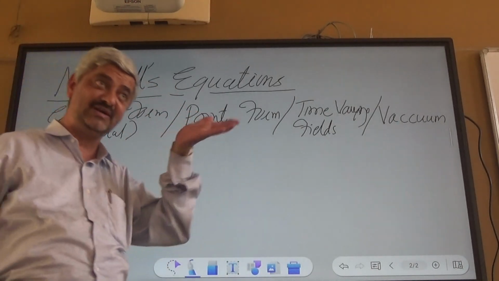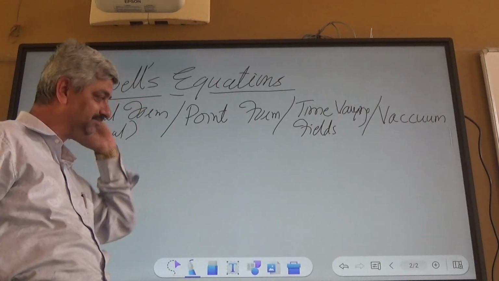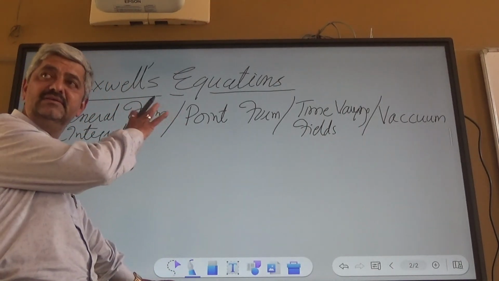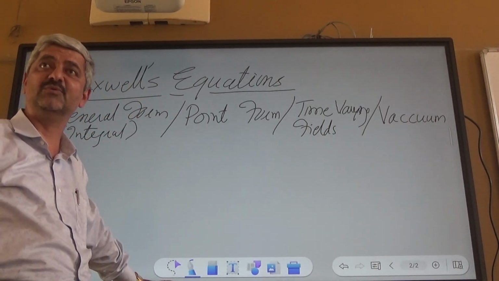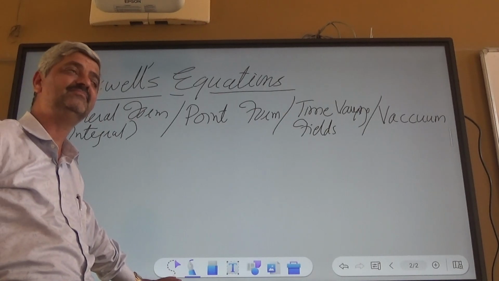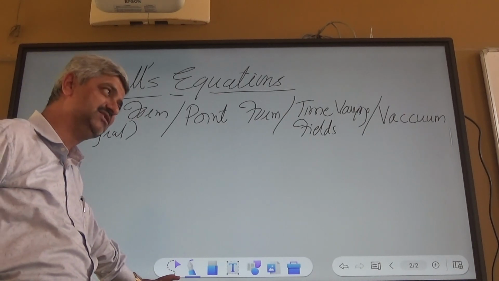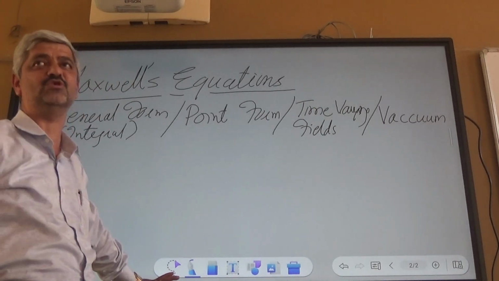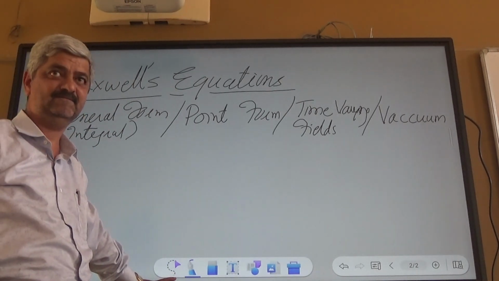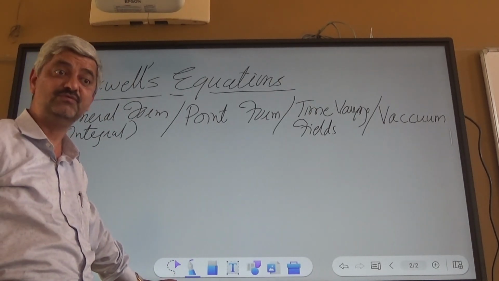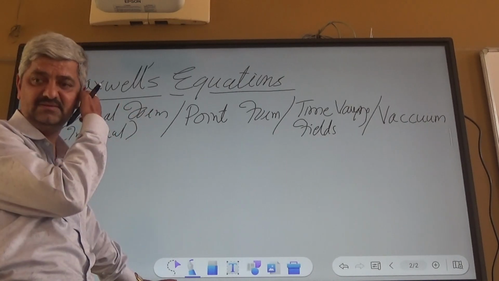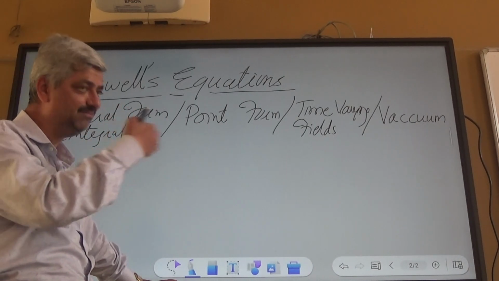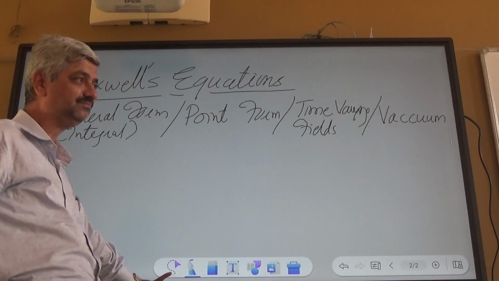Maxwell in the 18th century developed these equations. At that time there was very little exposure to information, but still he could develop what are yet regarded as prime things in electromagnetic theory.